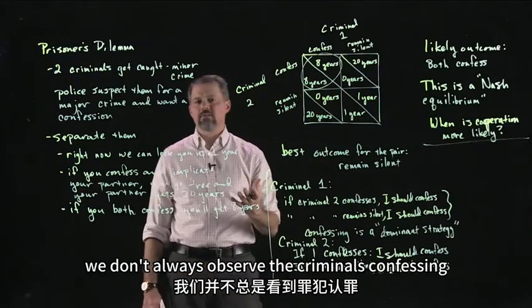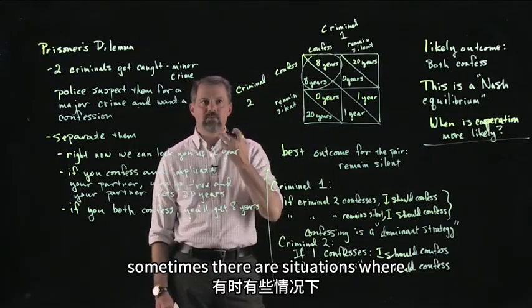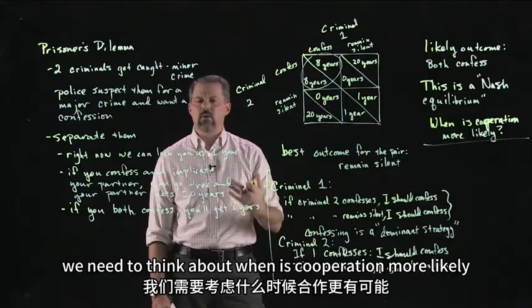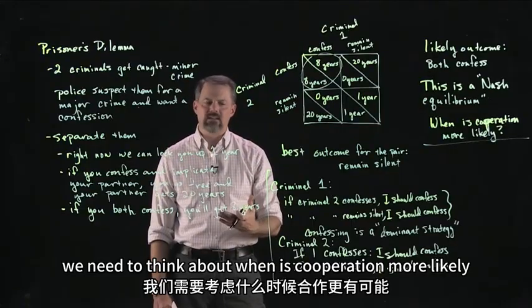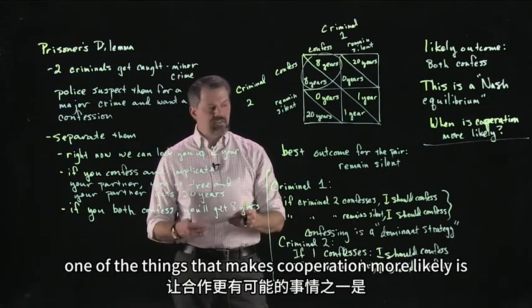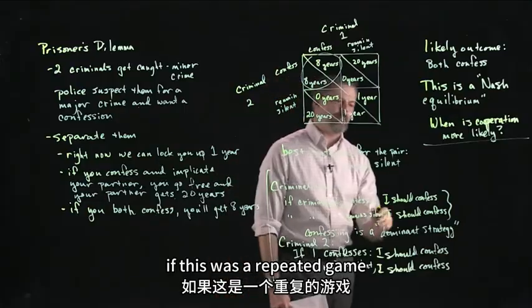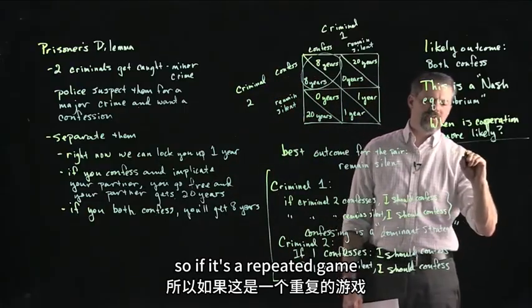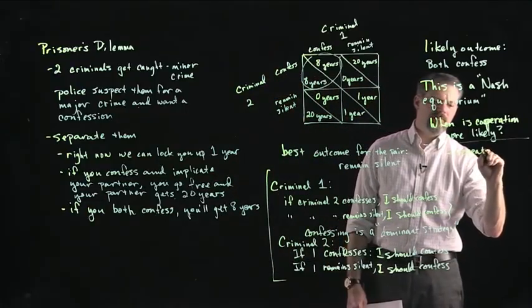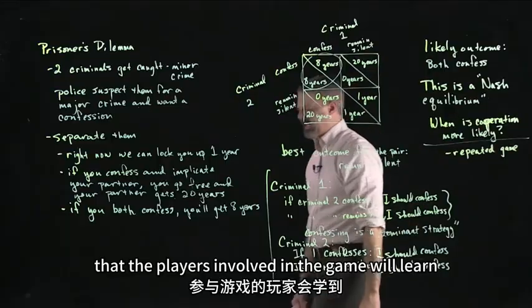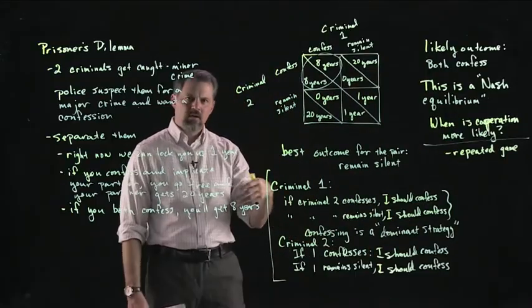We don't always observe the criminals confessing. Sometimes there are situations where they do remain silent, and so we need to think about when cooperation is more likely. Well, one of the things that makes cooperation more likely is if this was a repeated game. So if it's a repeated game, then it's more likely that the players involved in the game will learn from the game.